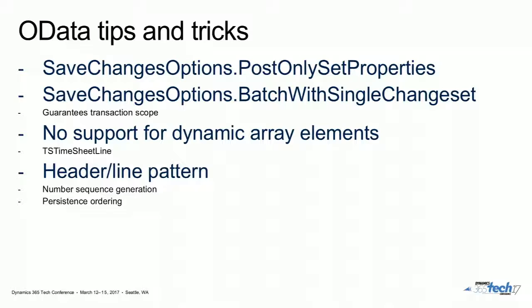In terms of OData, we don't currently support dynamic arrays, and one of the areas that we use dynamic arrays in the product is around timesheets. Remember how a timesheet has hours, which is from, let's say, Sunday to Saturday or Monday to Sunday.